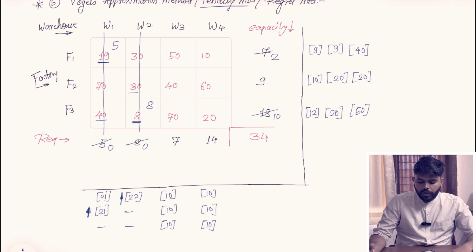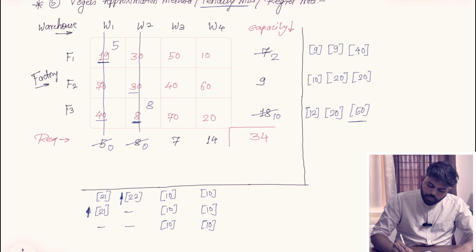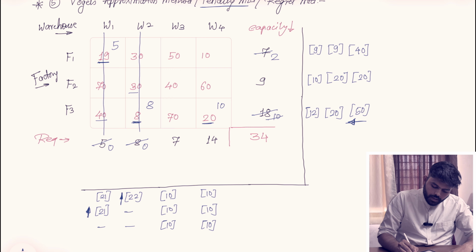Now out of these 5 penalties, the highest penalty is for row number 3. So here we will make the entry at the least cell value, that is 20. We will allocate 10 here, so it will be 0 and 4. We can scratch the row.